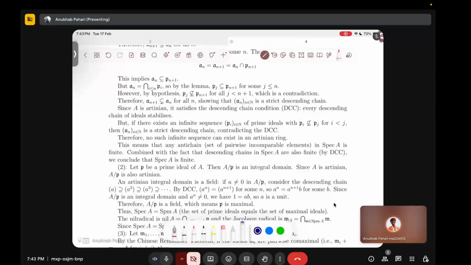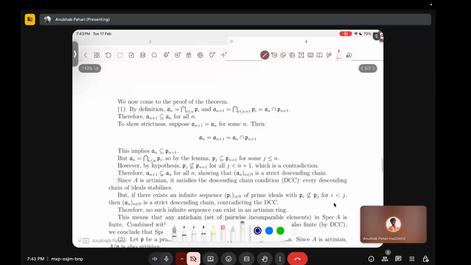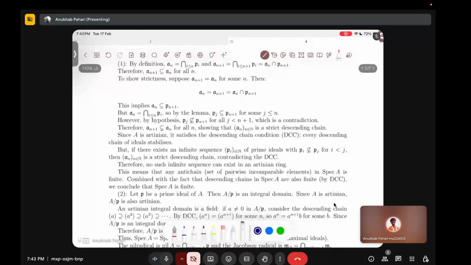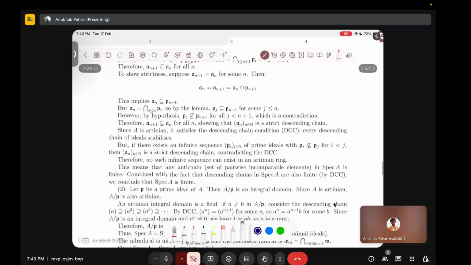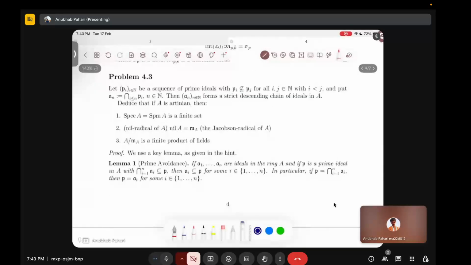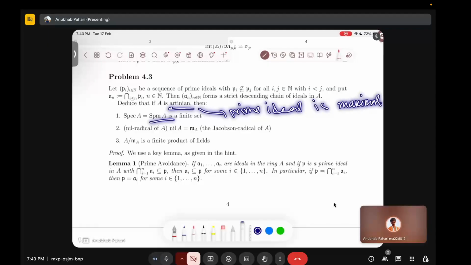And if Spec A is finite, we have that it should be equal to Spec max A, and it is a theorem that for an Artinian ring, every prime ideal is maximal, which I forgot to mention.